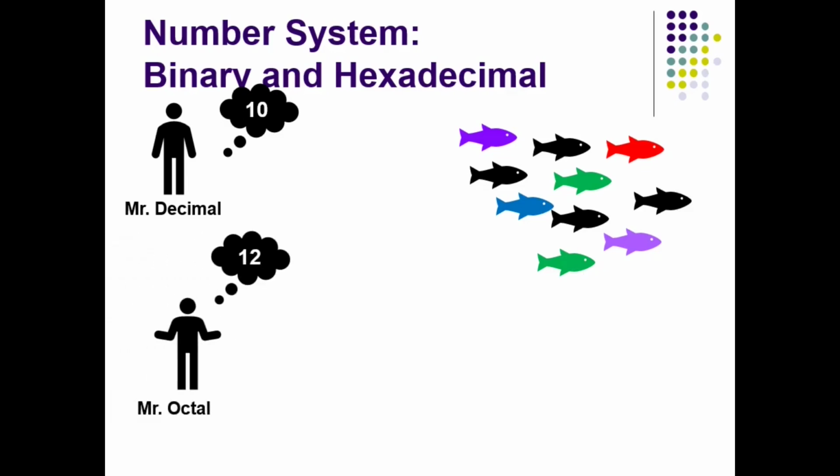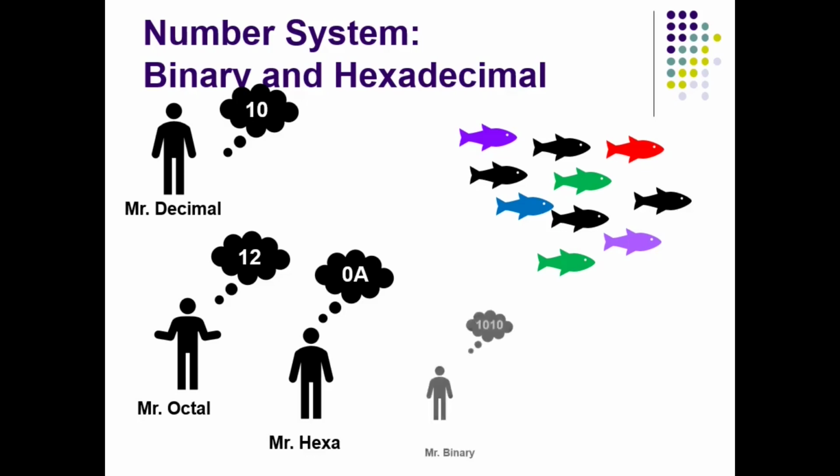Suppose a person who knows only the octal number system refers to the same quantity of fish, but he calls it 12, because 12 in octal is equivalent to 10 in decimal. If a person knows only the hexadecimal number system, he can represent the quantity of fish as 0A, and a person who knows only binary represents the same quantity of fish as 1010.